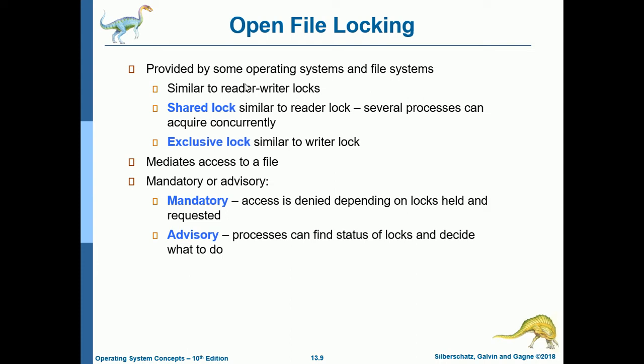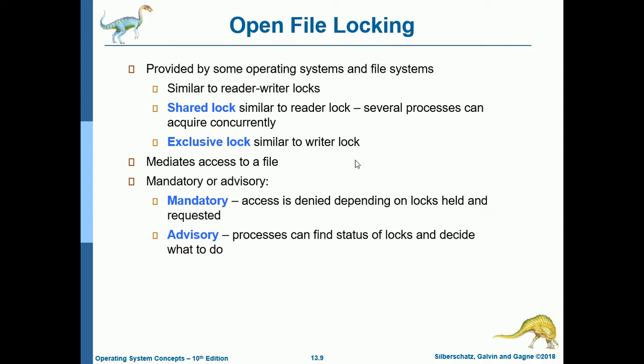But if you want to edit it, it will have an exclusive lock, similar to a writer lock. If you really want to edit, there will be a warning that you have to close all the other instances of the file for the changes to take effect.